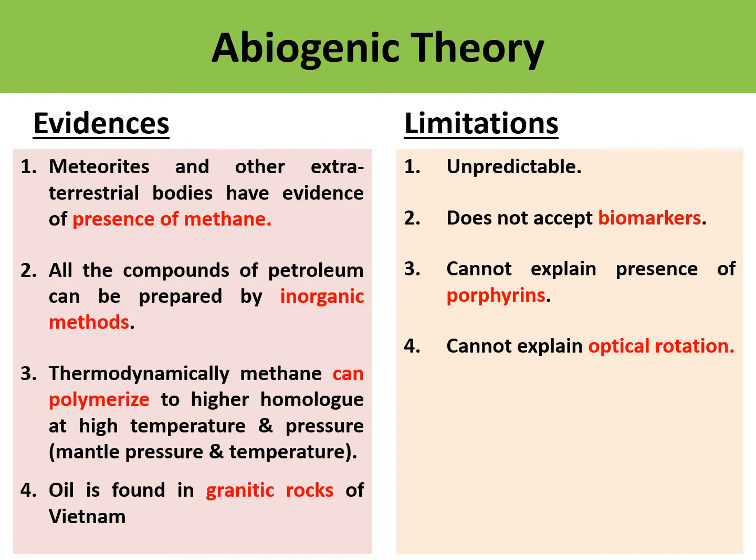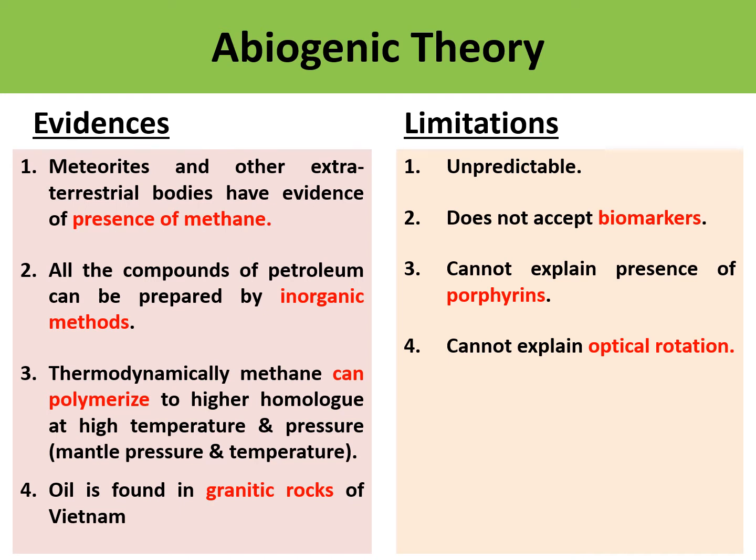Next, this theory does not accept biomarkers and cannot explain the presence of porphyrin in oil and gas. Porphyrin is one type of oil compound that comes from the chlorophyll found in plants, suggesting an organic input.